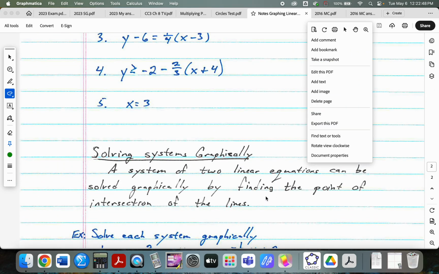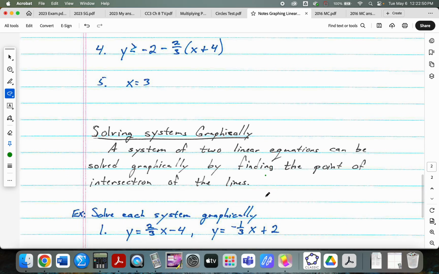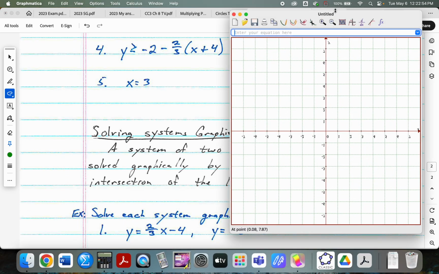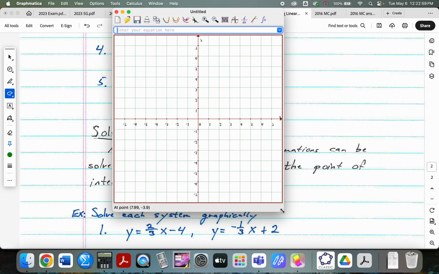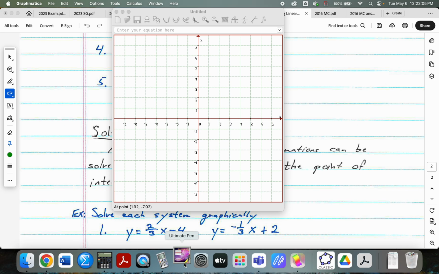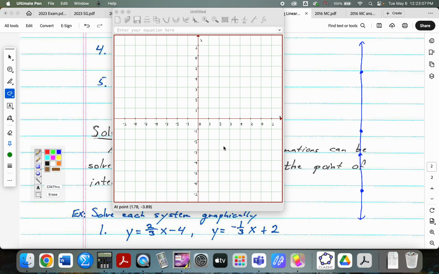I'm going to put my graph up here above it, so I've got lots of space. All right. So y equals 2/3 x minus 4. The y-intercept is down here at -4.